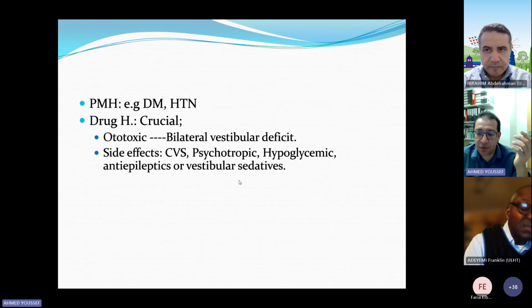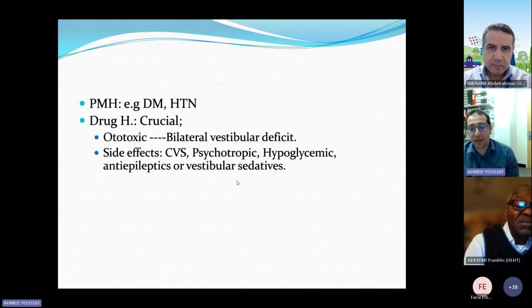And the problem is that, especially in relatively elderly patients, they are on polypharmacy. So they are on 10, 11 medications, and some of them would have side effects of inducing dizziness, and it may not necessarily be the cause of dizziness, but it could be adding to the problem.